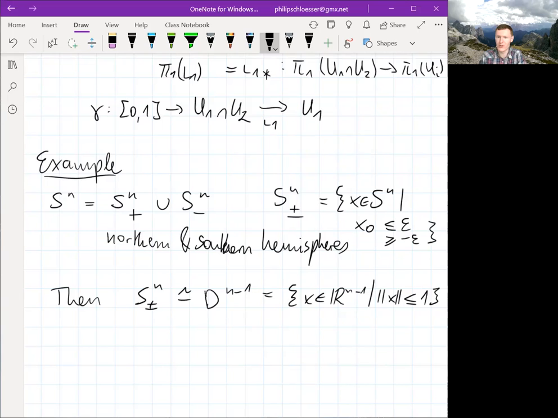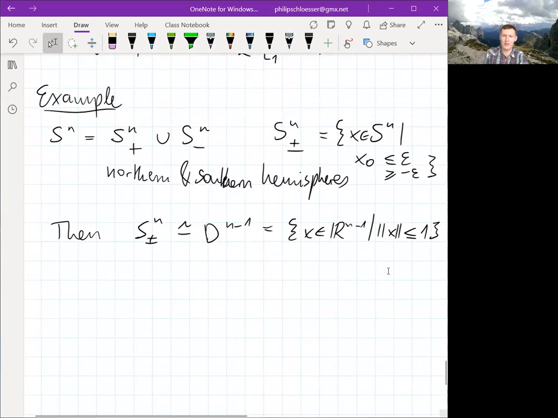Well, they are not only homotopic, but they are even homeomorphic, just by using some square root stuff. This is now a convex set. So the fundamental group of those hemispheres is 0, or is the trivial group.